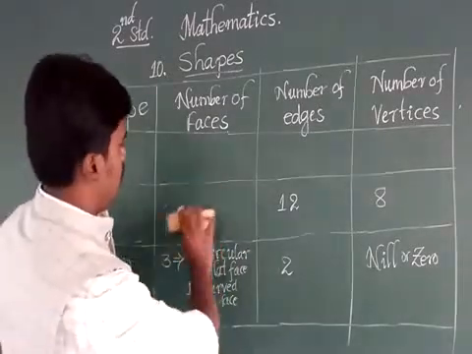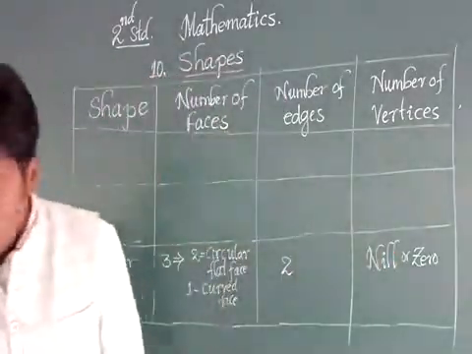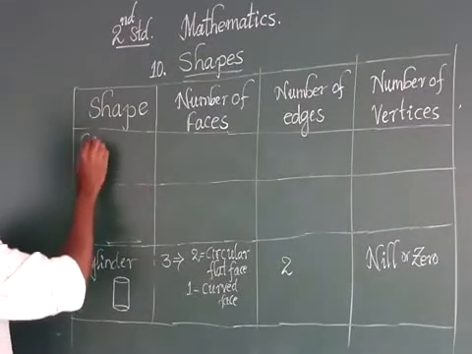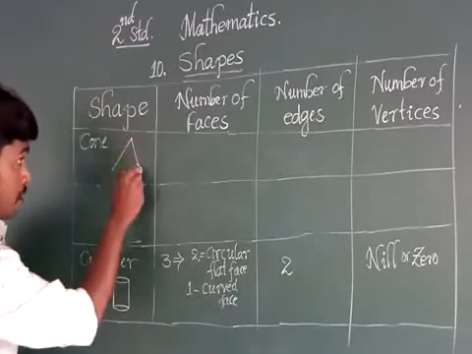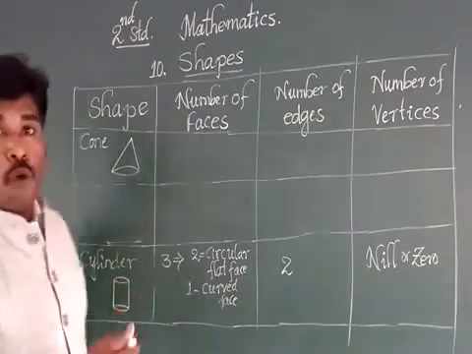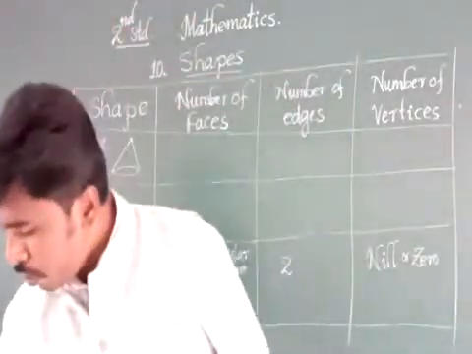Okay. Now you come to cone. Dear children, the cone shape is like this. You remember the shape of an ice cream cone or a birthday cap. It is in conical shape.